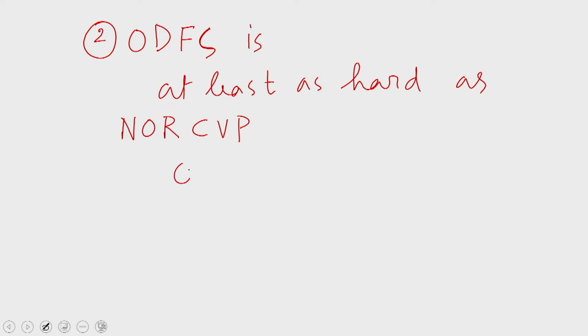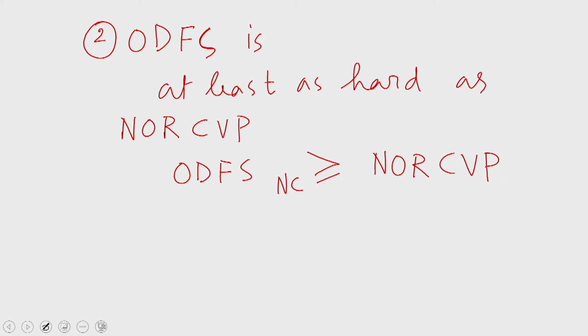That is, we shall show that ODFS is at least as hard from the perspective of NC reductions as NOR CVP, or we shall show that NOR CVP is NC reducible to ODFS. This will be the second part of the proof. Combining the two proofs, we would have established that ODFS is P-complete for NC reductions.